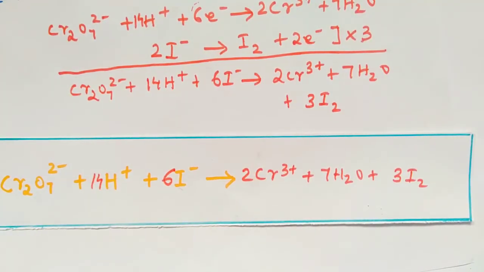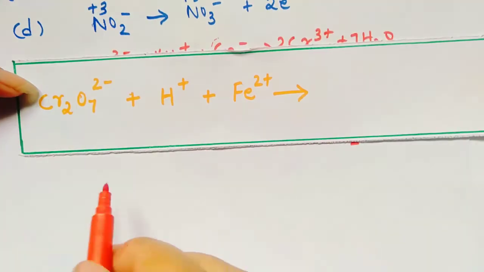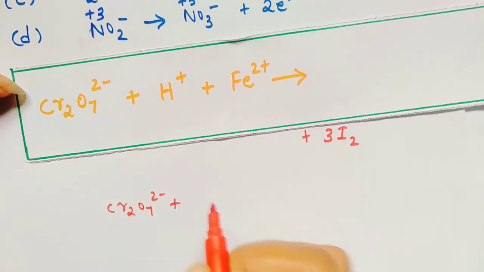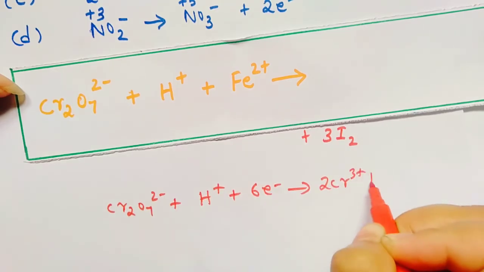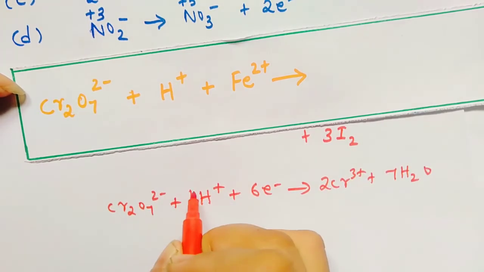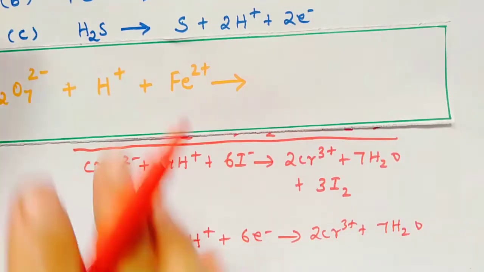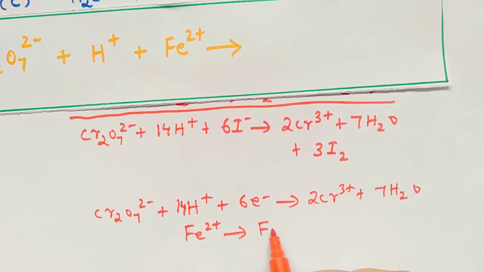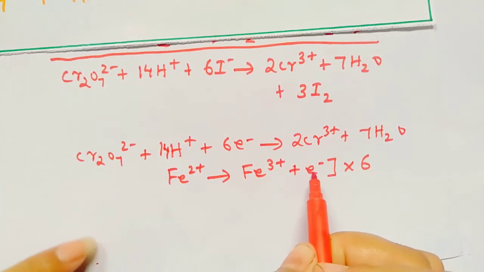Next we come to the second one. Again those tricks. Now first I write Cr2O7 2 minus in acidic medium, 6 electrons. We have 2Cr3 plus, 7H2O. Here we have 14. Now Fe2 plus oxidizes to Fe3 plus, 1 electron is lost. Now I have to multiply by 6 so that this one gets cancelled with this.